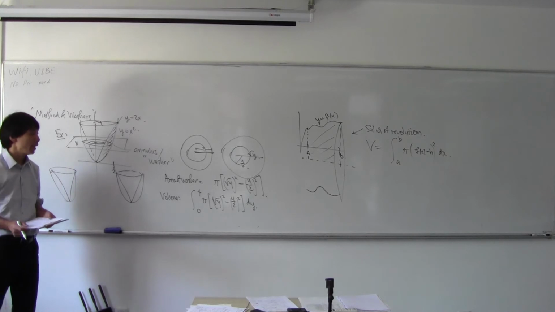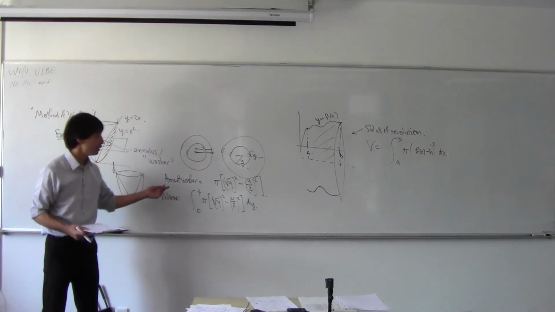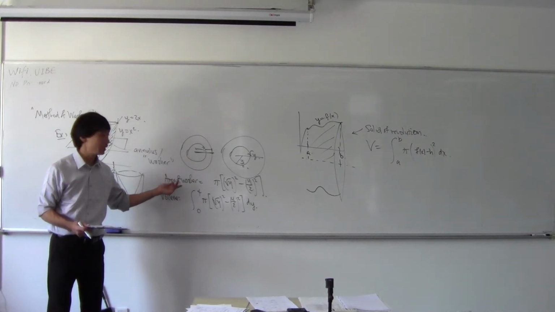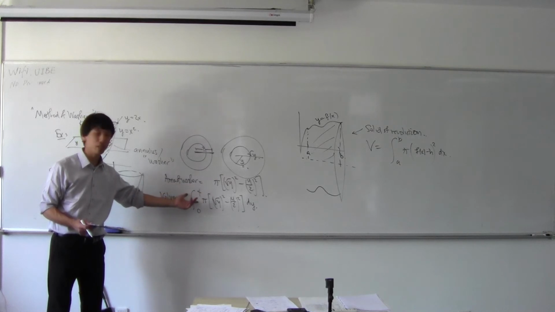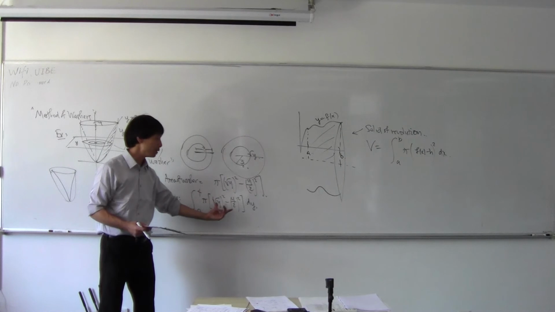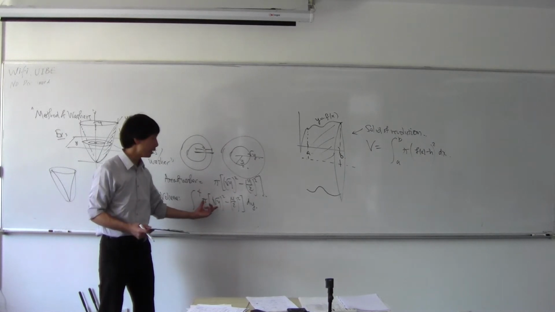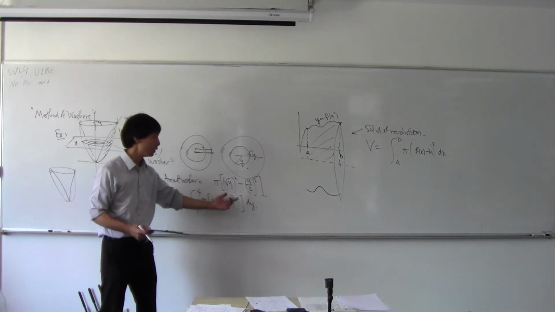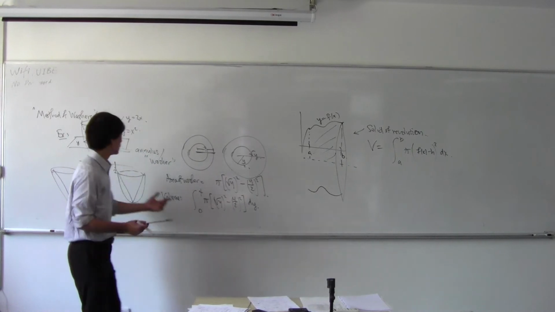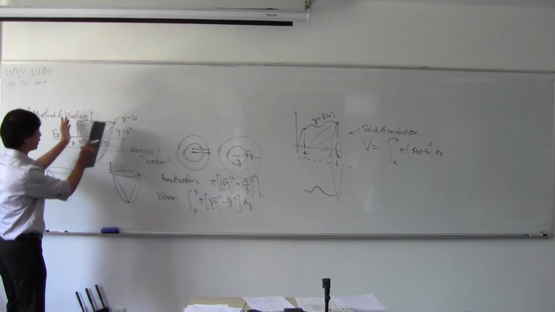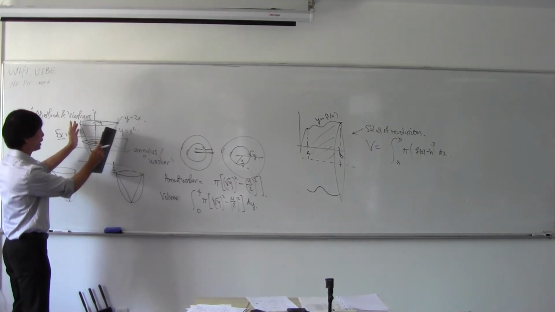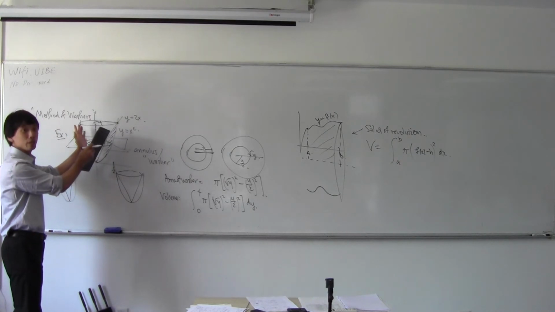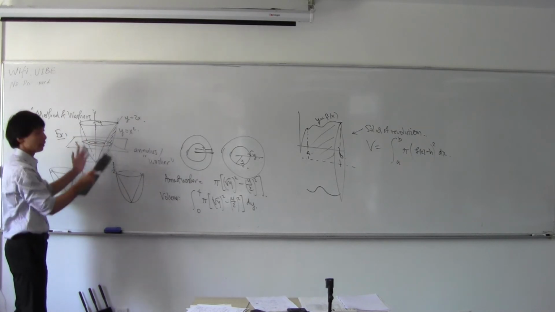You notice that the method of washers is basically just the same thing as the method of disks, right? If we write this as two integrals, this integral minus this integral, it's just what we said before. You're taking the volume of the paraboloid, and then you're subtracting out the volume of the cone, right?